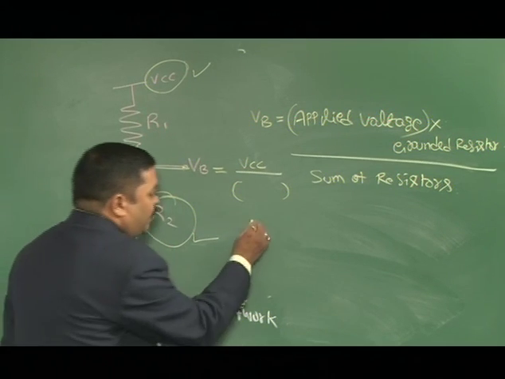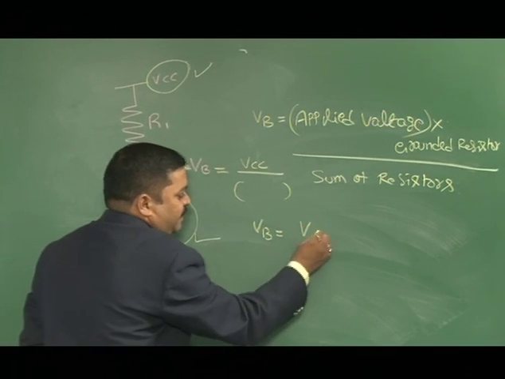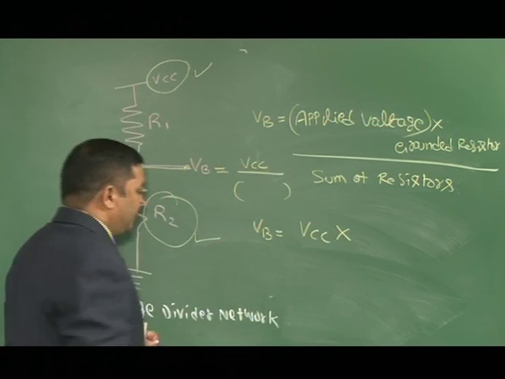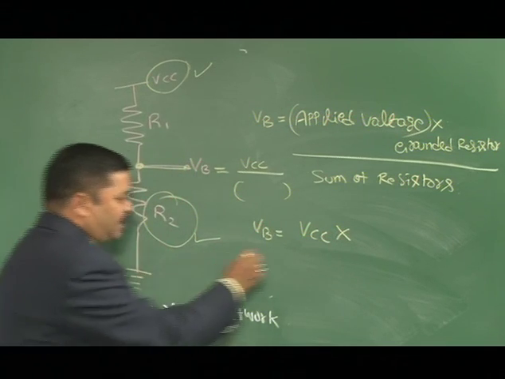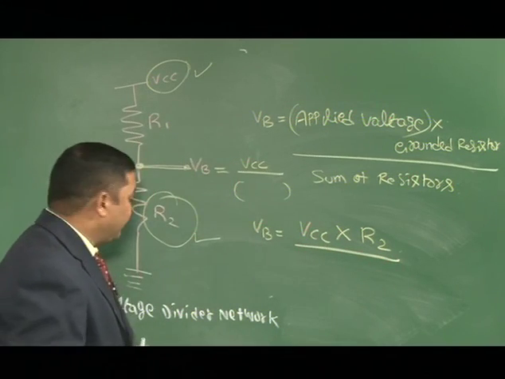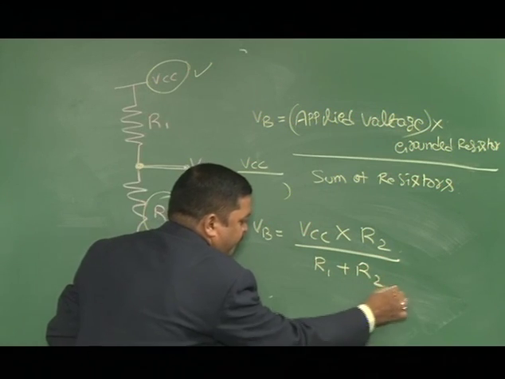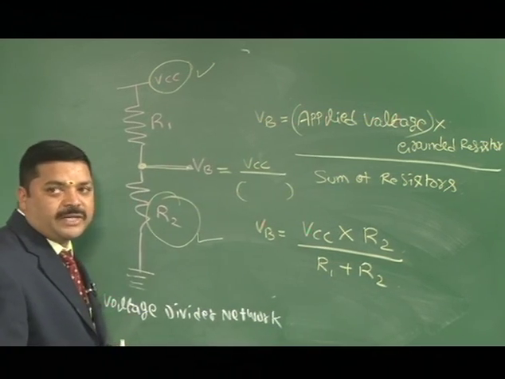Therefore, VB is given by applied voltage VCC, multiplied by the grounded resistance R2, divided by the sum of resistors, R1 plus R2. So, this is the voltage VB.